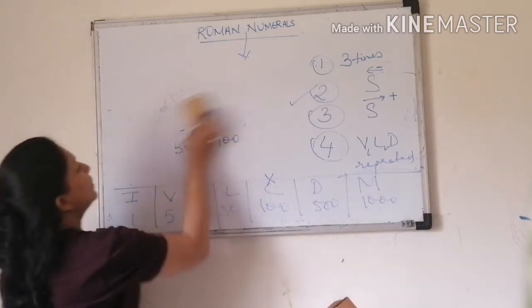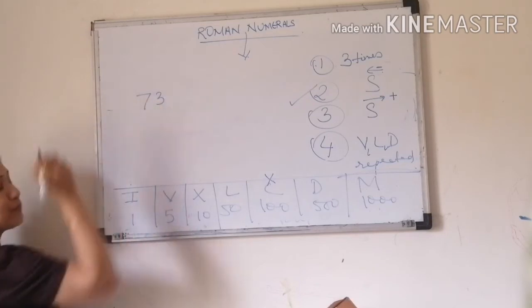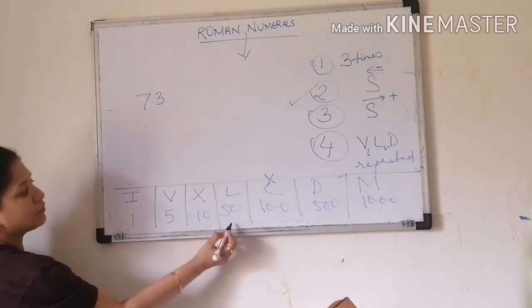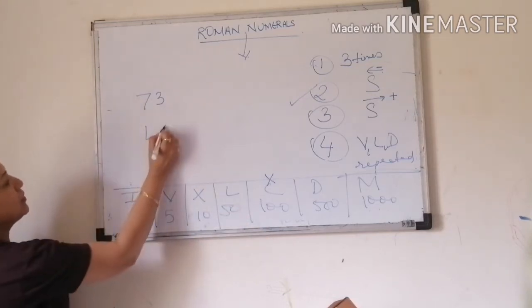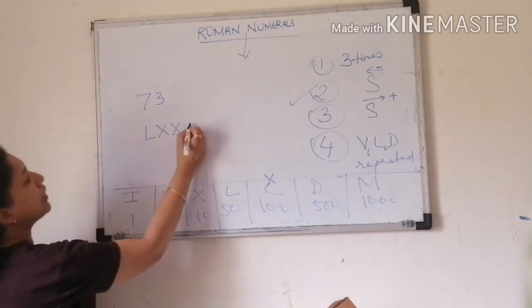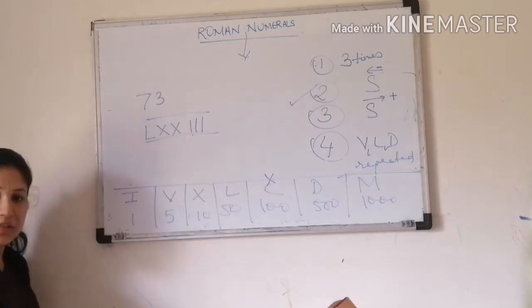Okay. Now, suppose I want to write 73. How will I do it? I will take 50. You have L. 50, 60, 70. Is it clear? And for 3, 1, 2, 3. This is my 73.